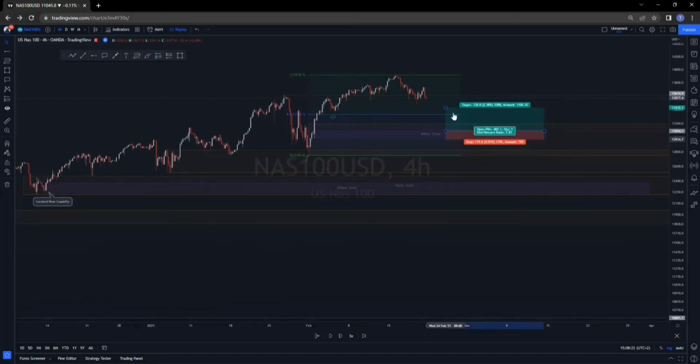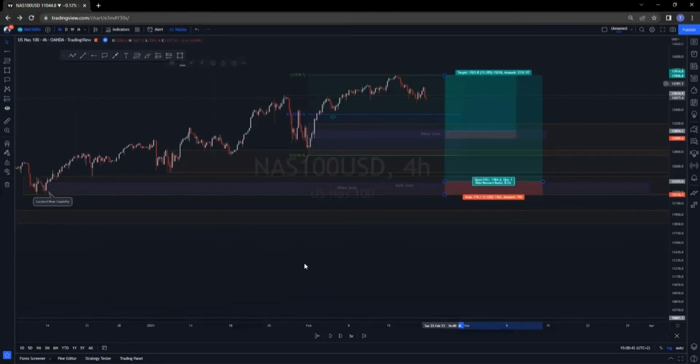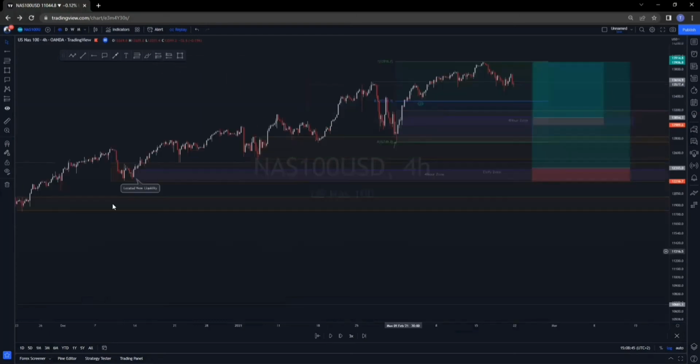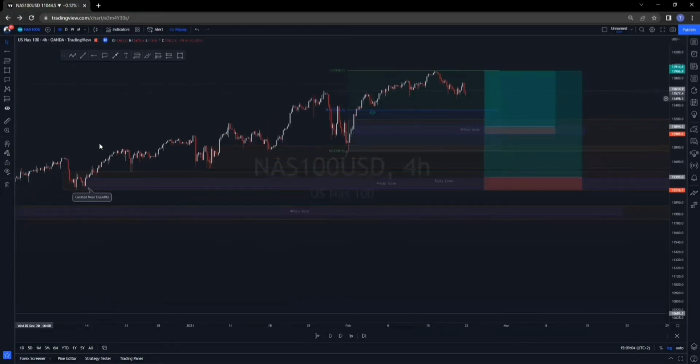But remember, price has incentive, or the market makers have incentive to push prices lower because they can get a bargain on that, right? We can also place a limit order here, and then we can also place a limit order here on the zone right here. So let's see where the market is most likely going to reverse.